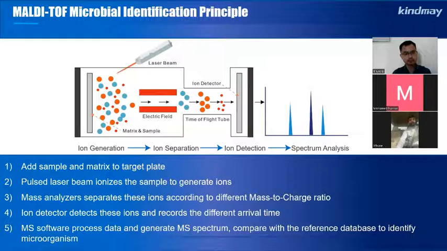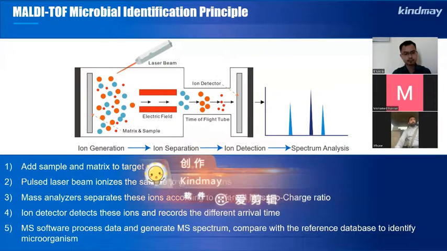Then if we need to identify an unknown microorganism, we can use the MALDI-TOF mass spectrometer to generate a new mass spectrum, and MALDI-TOF will search this spectrum through the microorganism database. If it is matched, the identification will be a success.